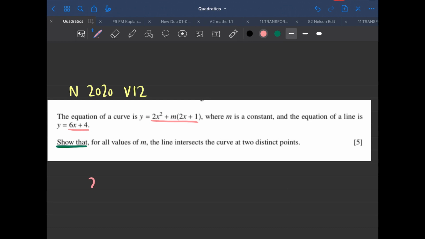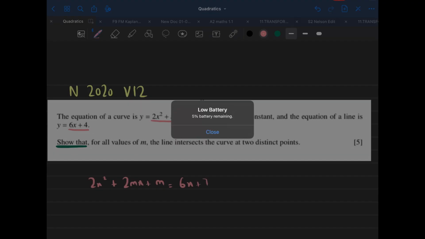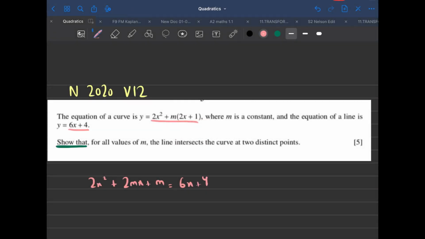Let's equate both. 2x squared plus 2mx plus n is equal to 6x plus 4. Right? 2x squared plus 2mx plus m minus 6x minus 4. Now 2x squared plus 2m minus 6x plus m minus 4.